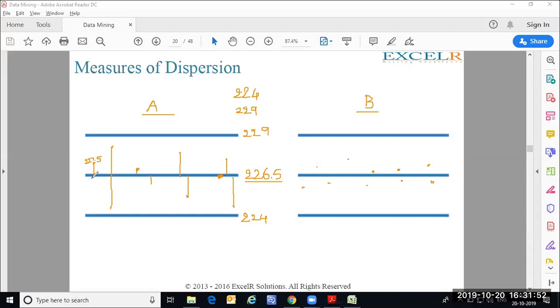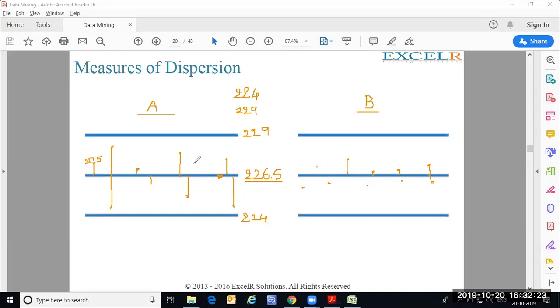Thereby, we will understand the overall spread involved with machine A production. And similarly, we'll come out with the spread that machine B produces. Whichever machine comes out with the lowest spread will be qualified for the bidding, right?